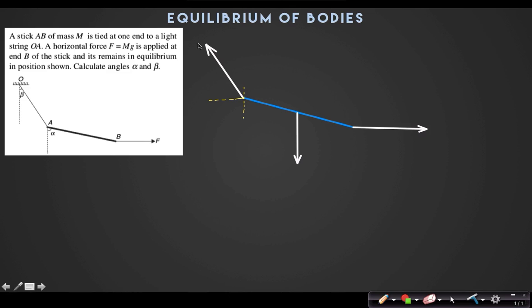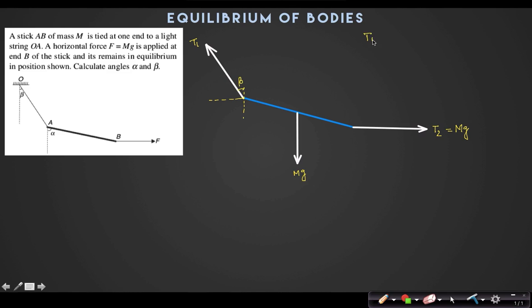Look, if this force is T1, this force is T2, that is equal to mg. This force is also mg. And this angle is beta.